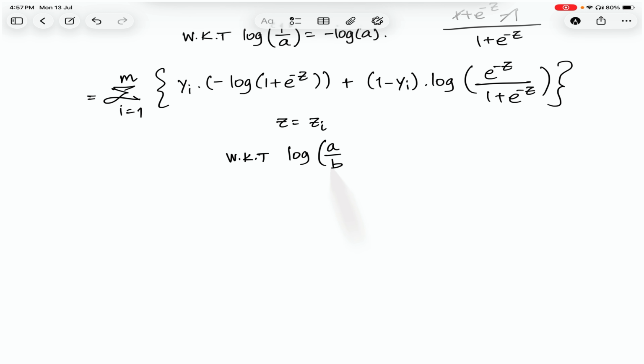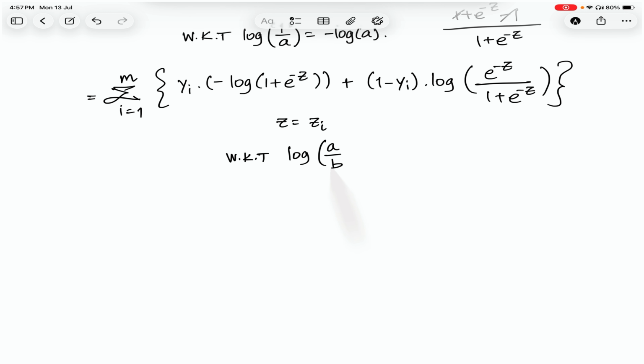Let me do something before this. You see, there's a log of exponential negative z common that I can take here. So I got 1 minus yi. Yeah, it's still the same. I can still take this. So it's minus z minus log of 1 plus exponential negative z, and apply this here also. You just got minus yi times minus z.